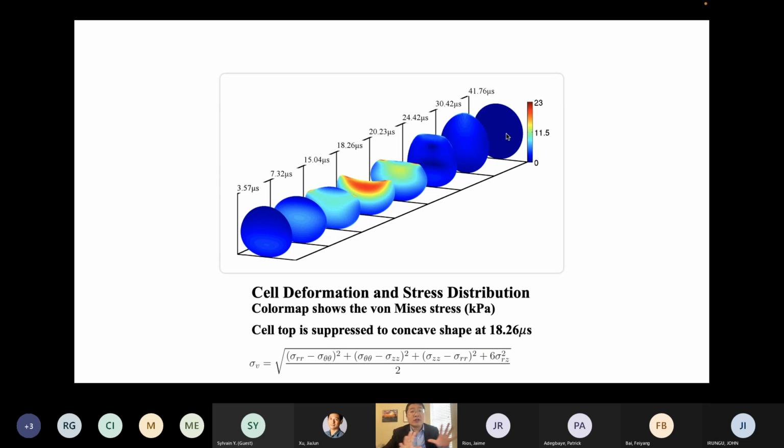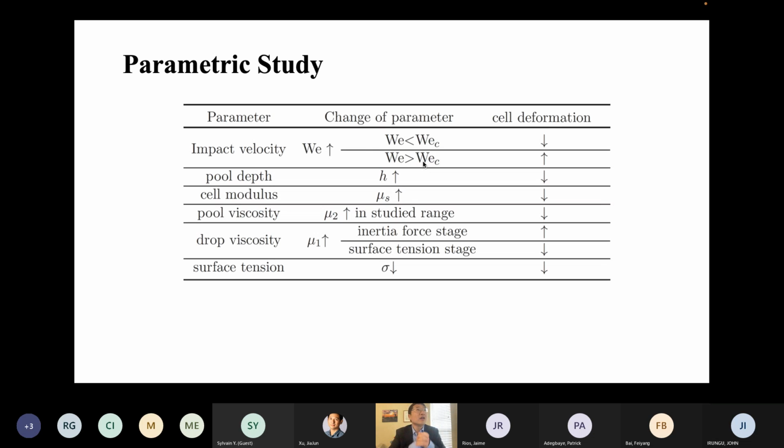We identify this is the harsh process, where very large stress occurs right here. How can we know which is the best way to do cell printing to help the cell survive? We did a parametric study.